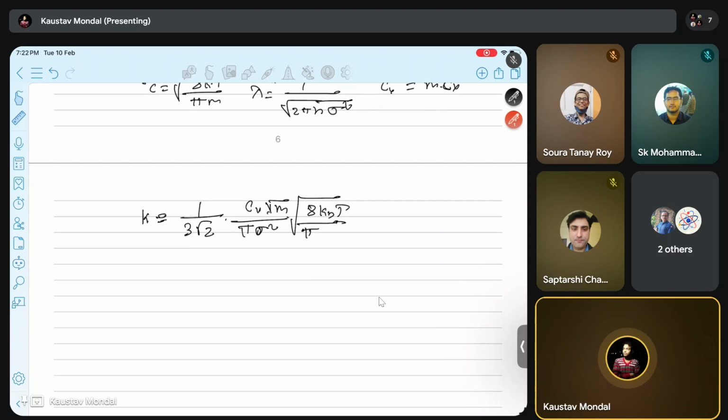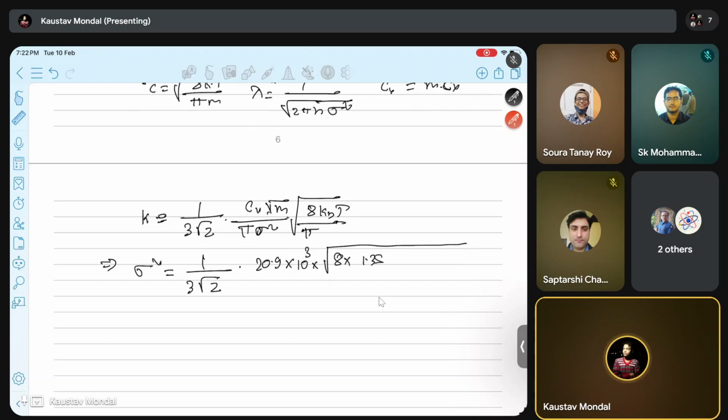Now from here you have to calculate the sigma. So sigma square is basically 1 by 3 root 2. If you substitute the quantities here, cv's expression is given as 20.9 into 10 to the power 3. The m expression is given; this whole thing can be written under root: 8 into 1.38 into 10 to the power minus 23 into 5.31 into 10 to the power minus 26 into 273.